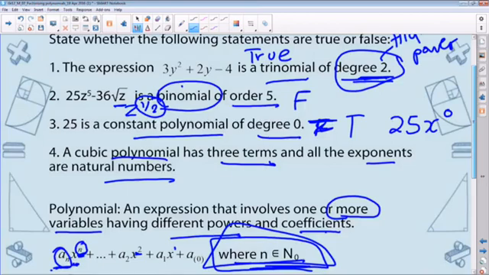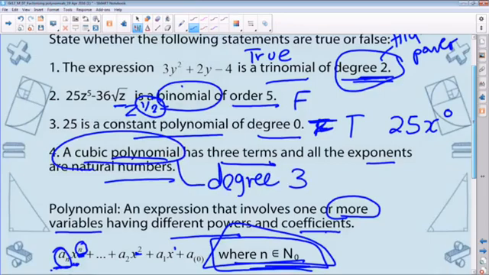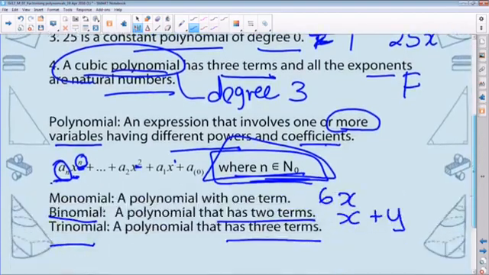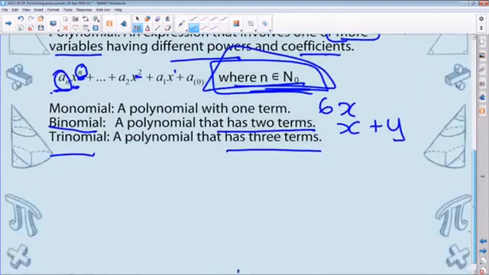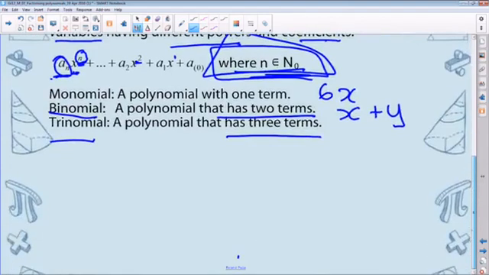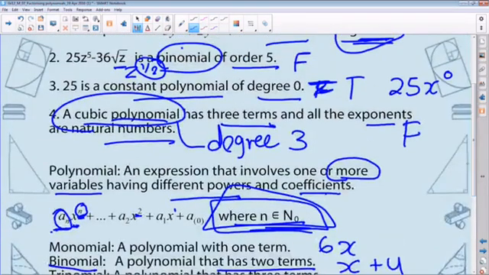A cubic polynomial is telling you that the degree of your polynomial is 3, so the highest power is 3. So this one is going to be false, because it may have three terms, but it could have more. We've just gone over the definition. The last statement, a cubic polynomial has three terms and all the exponents are natural numbers, is not true because a cubic polynomial can have more than three terms.